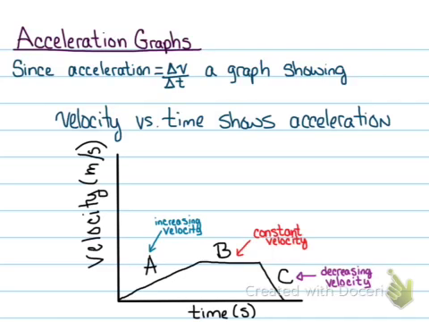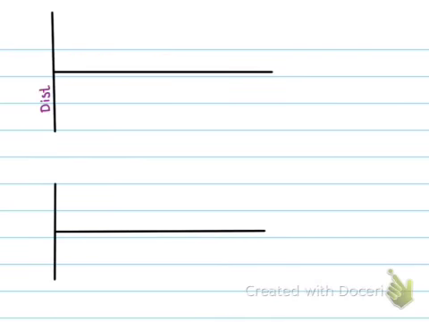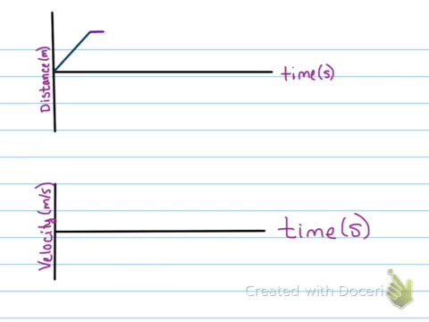So let's look at interpreting another graph. And we're actually going to start with a distance versus time graph. And that actually would show the speed of an object, because remember, if I have distance on the y-axis over time on the x-axis, that's speed, right? And then I'm going to look at a velocity versus time graph, and I'm going to graph the same object doing the same thing. So hang on.